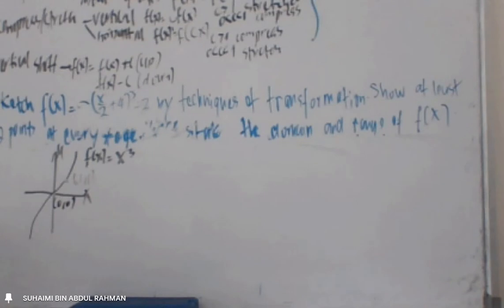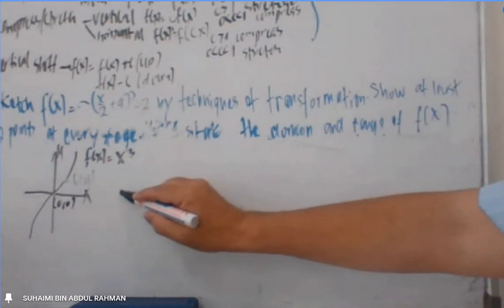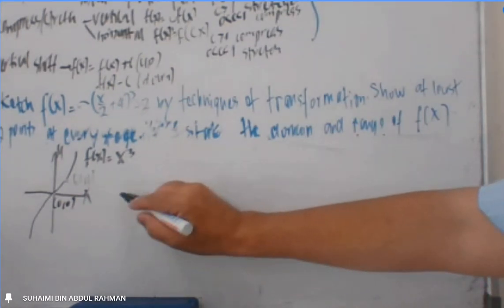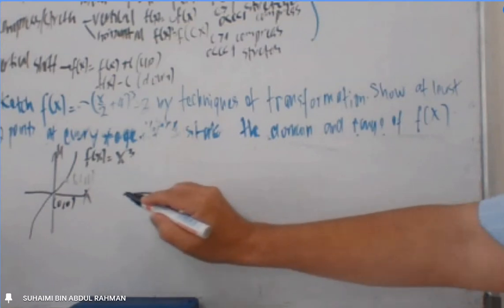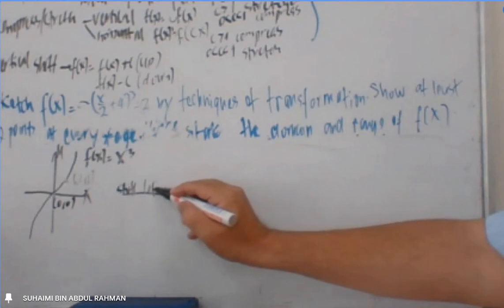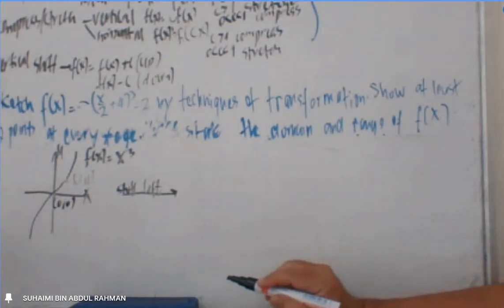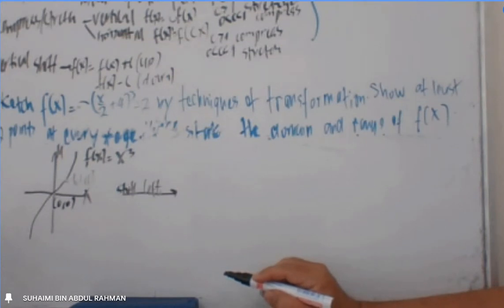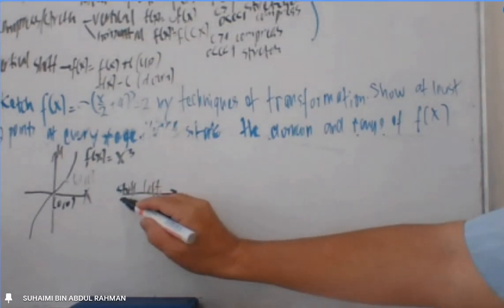The first one we have is the horizontal shift. Yes. Is that shift right or shift left? Shift left. Therefore, it must be shift left. How many units? 4 units.